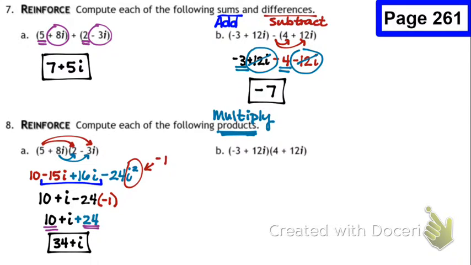Let's do one more and then we'll be done. Help me double distribute here. So I have negative 12 minus 36i. And then what? 12 into 4 is 48. Plus 48i.